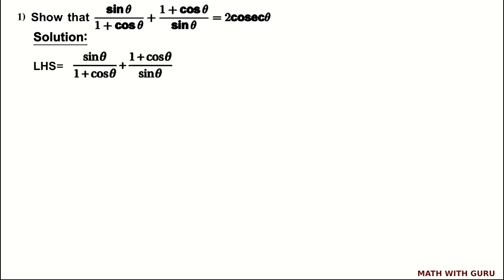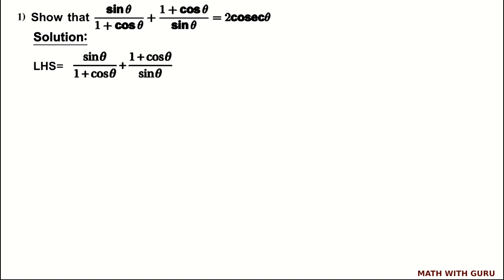First question, show that sin theta over 1 plus cos theta plus 1 plus cos theta over sin theta equals 2 cosec theta. Let us start from the left hand side. Sin theta over 1 plus cos theta plus 1 plus cos theta over sin theta. We need to add them up.